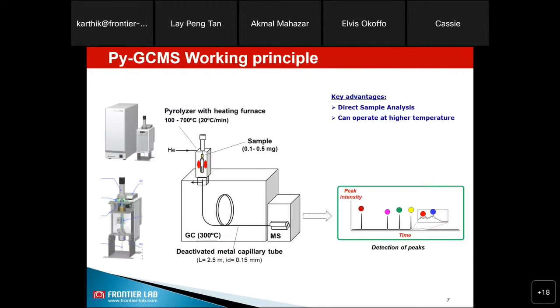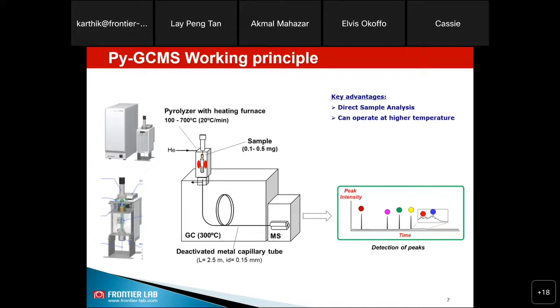So how does it work? You can see from this slide, the schematic is very simple. The pyrolyzer is basically a micro furnace. This is what Frontier Lab produced, but there are different types of pyrolysis systems available where the pyrolyzer may be standing on the table, and then you have a transfer tube to introduce the volatiles or the evolved gases from the furnace.